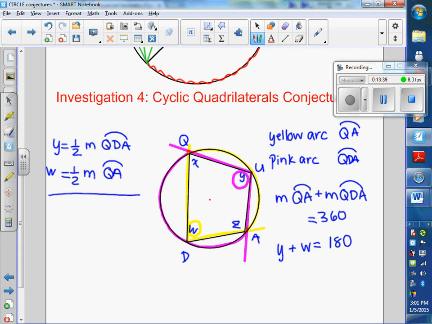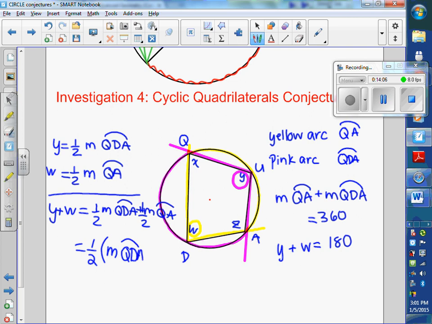So if I add these together, I get Y plus W is equal to 1/2 of the measure of QDA plus 1/2 the measure of QA. So if we take out that 1/2, you have QDA plus QA.